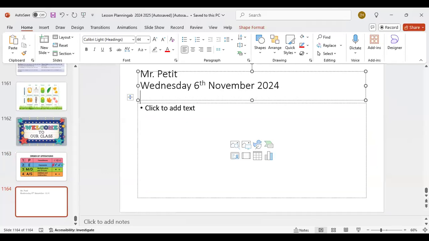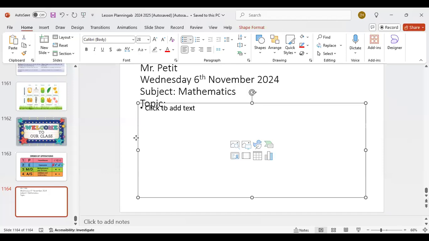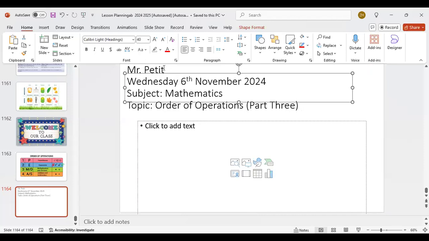November 2024. The subject is, of course, mathematics. We're going to be looking at order of operations part 3, and in particular, order of operations dealing with fractions.